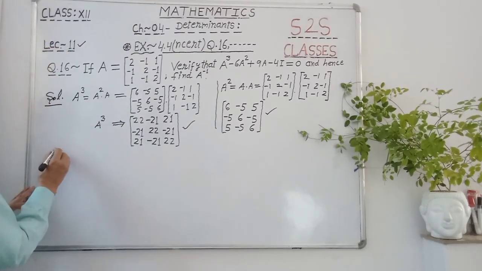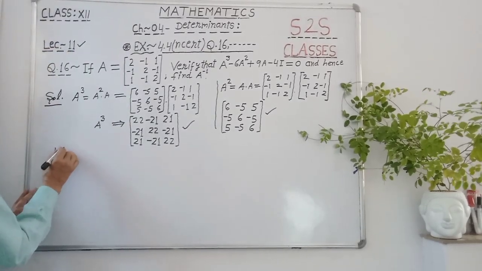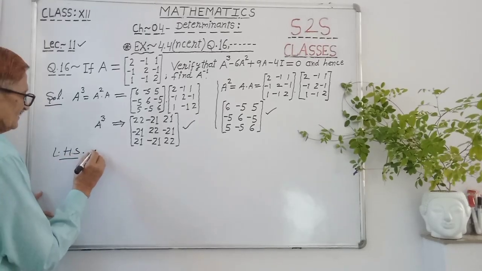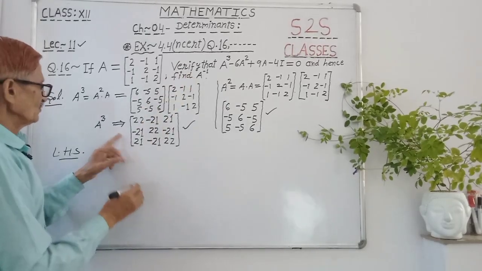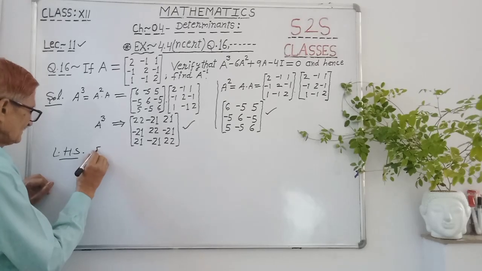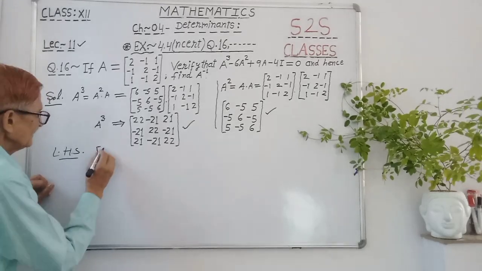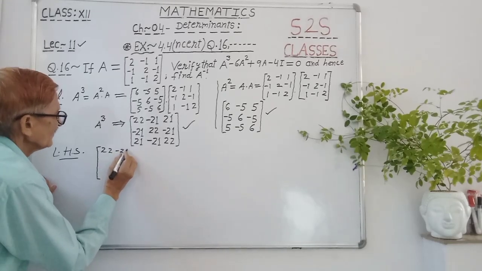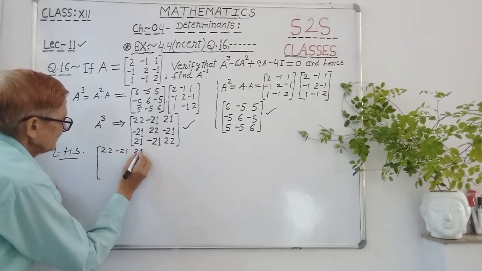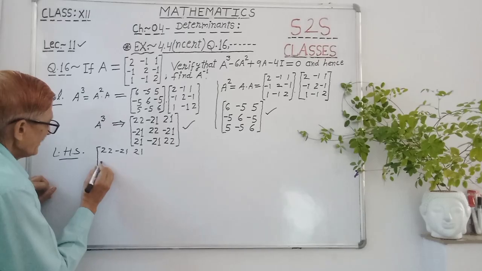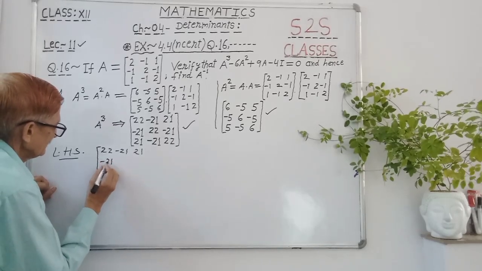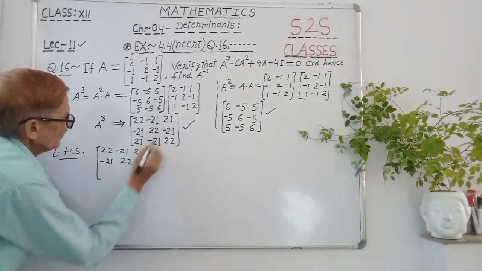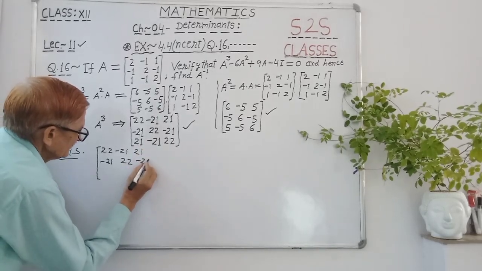Use these to verify. So LHS, A cube. A cube means this: 22 minus 21, 21, minus 21, 21, plus 22 minus 21.